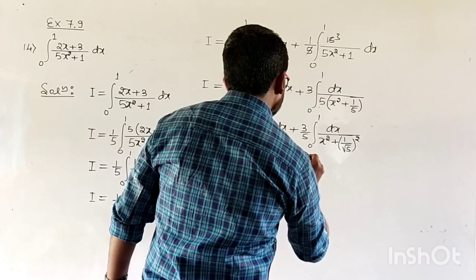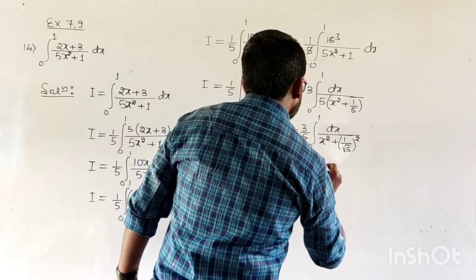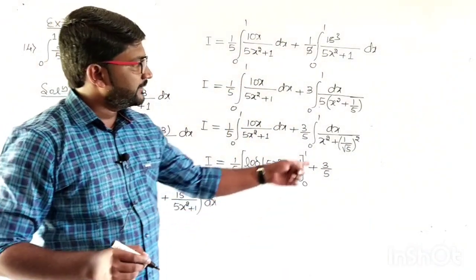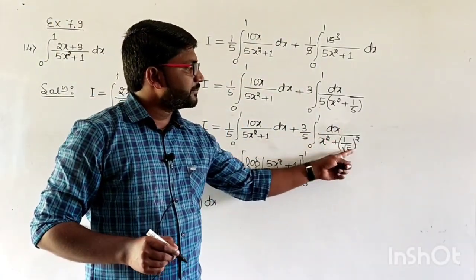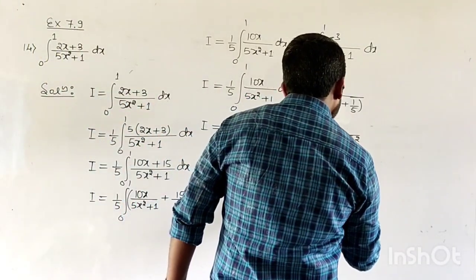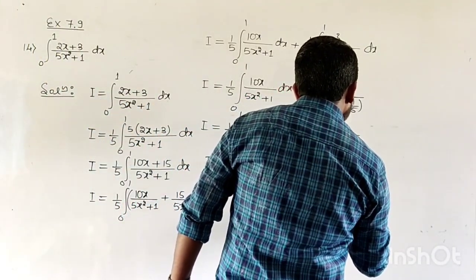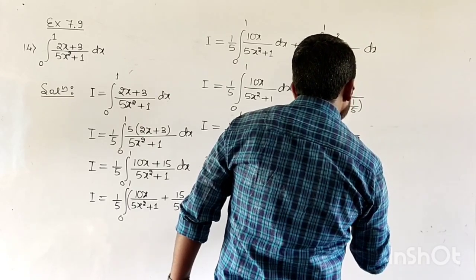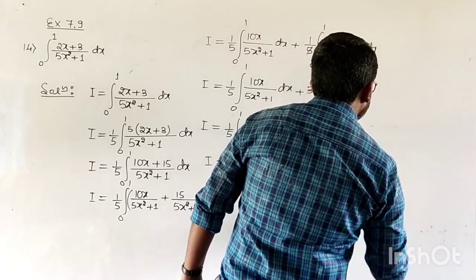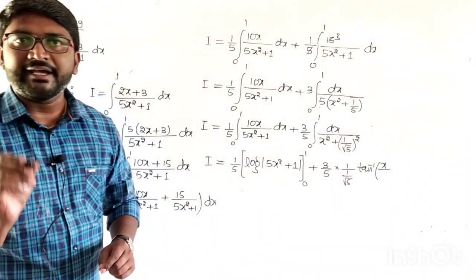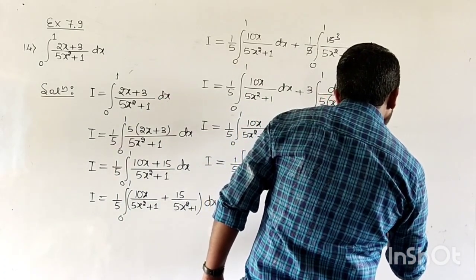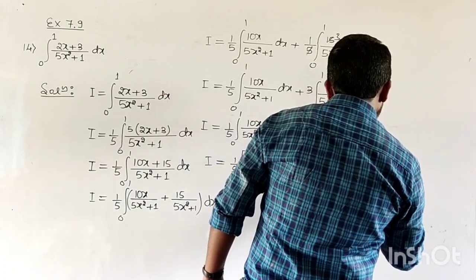Plus 3 by 5, then it is dx by x square plus a square, that is 1 by a tan inverse x by a. 1 divided by a is 1 by root 5, then into tan inverse x divided by a, which is going to be x by 1 by root 5. So apply the limit now.